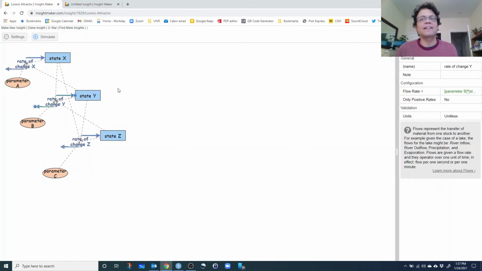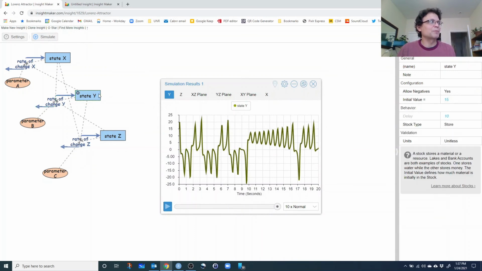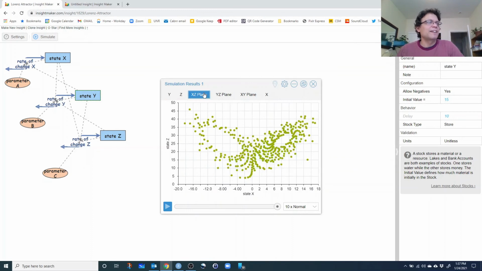There's nothing that complicated. And yet, when we simulate it, first of all, this is just looking at the variable Y, or the stock Y over time. This looks a little weird. It looks a little random, right? But then if you look at the X stock and the Z stock at the same time, each point represents a particular point in time.